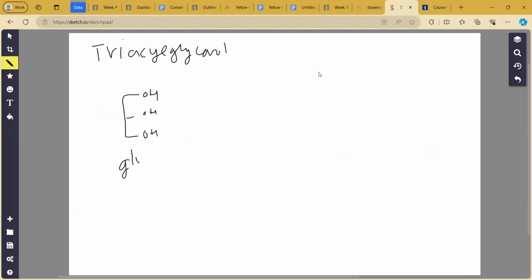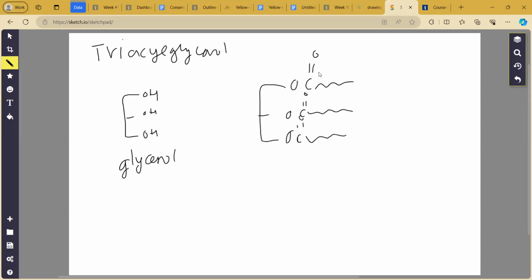So this is glycerol. And triacylglycerol, I was right, has those alcohols replaced with fatty acids.